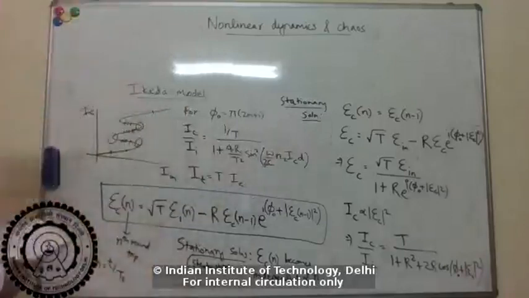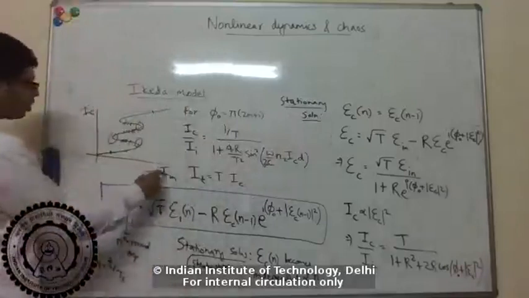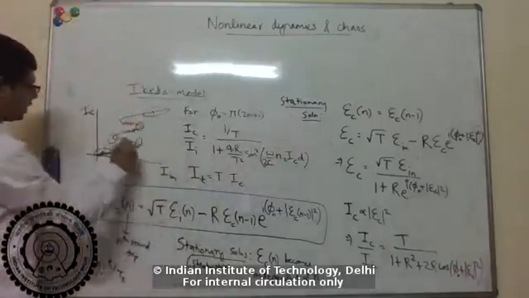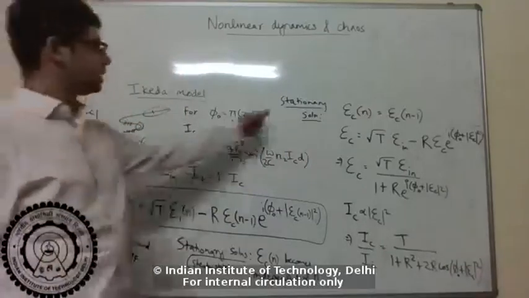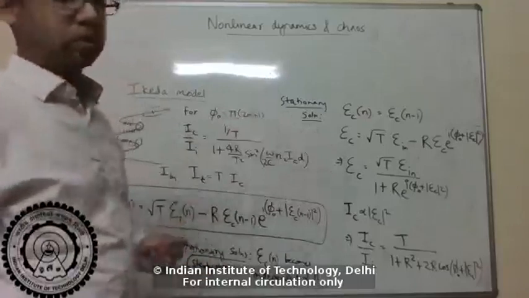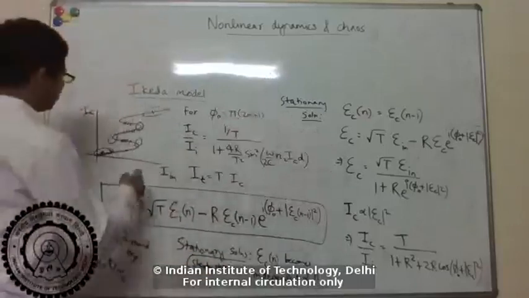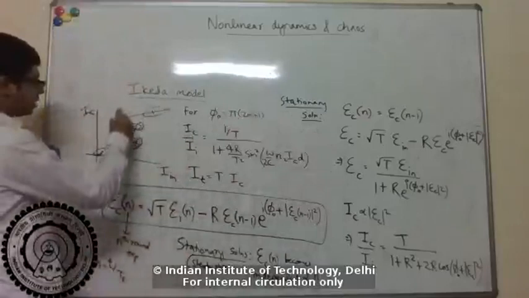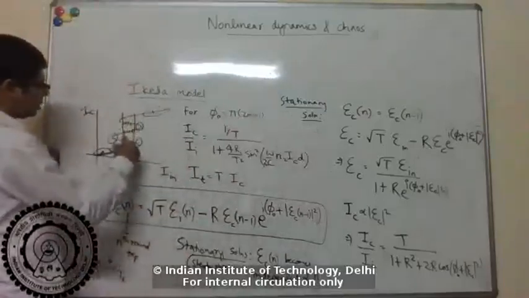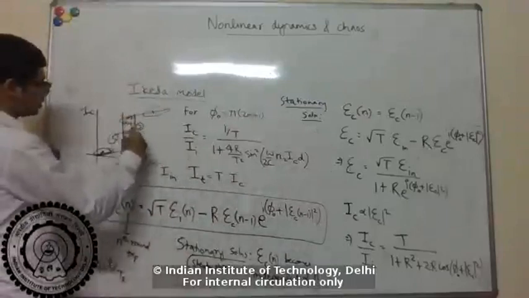So if your input intensity is in a range where you have a stable solution, in this region or somewhere here, then you can get a stationary solution where the output is also constant for constant input. But in this complicated case, it turns out that there are regions where there is no stable solution.